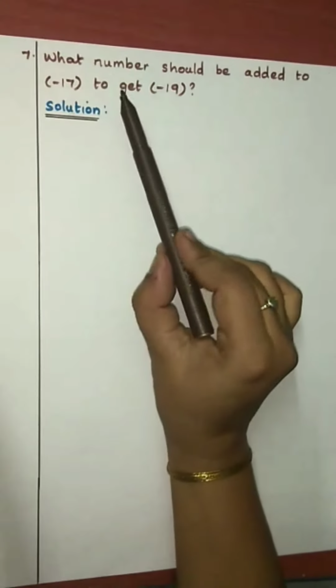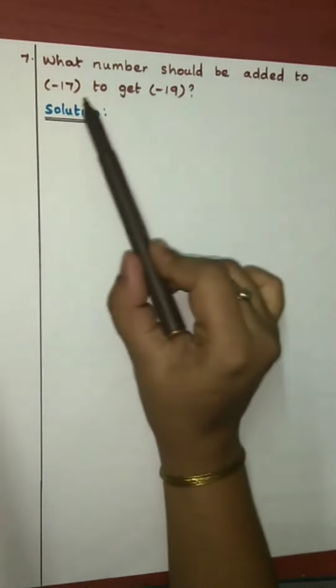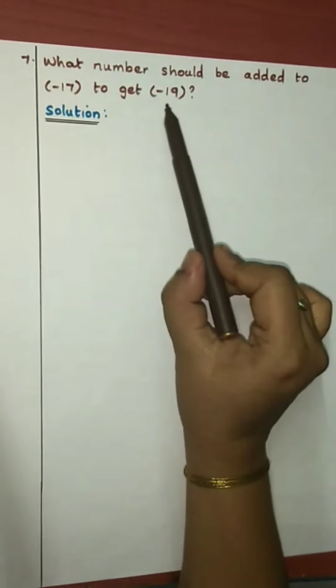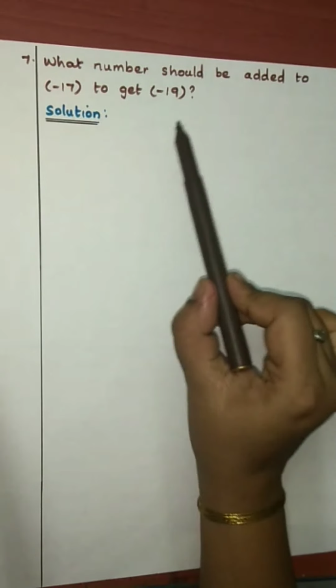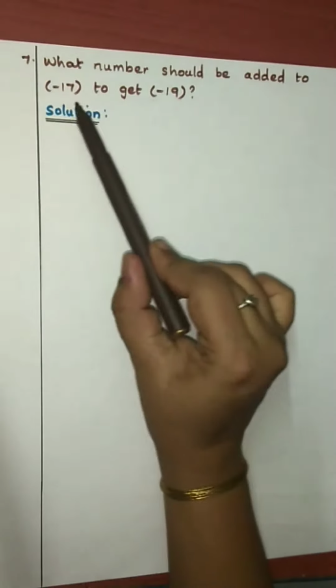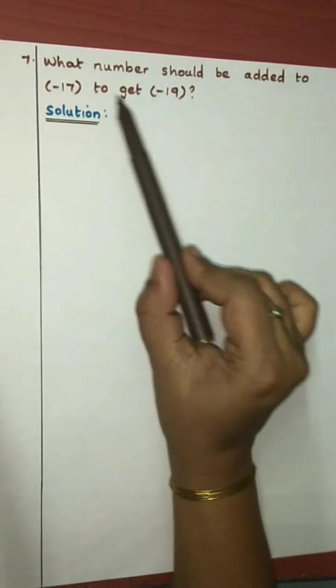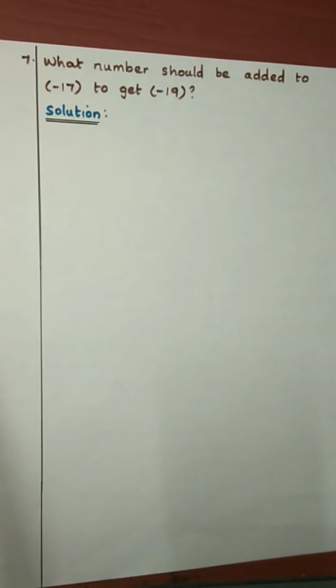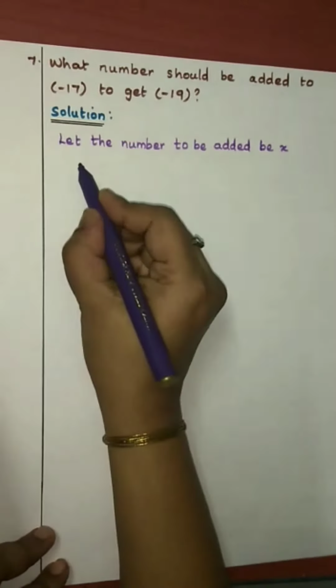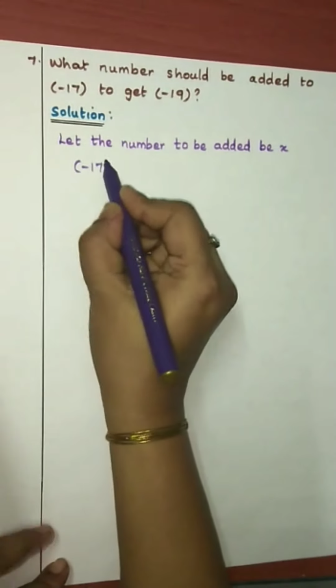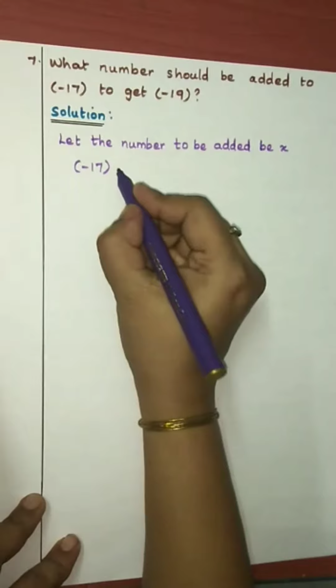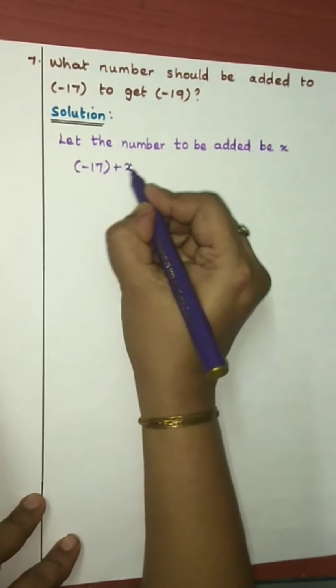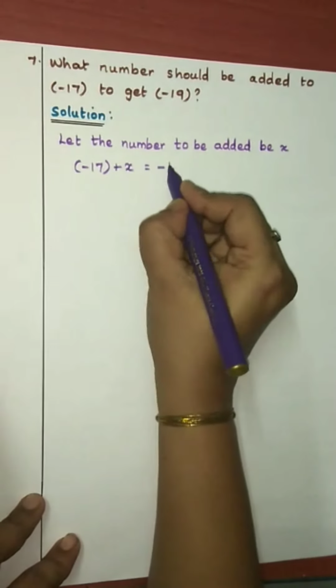Seventh problem. What number should be added to minus 17 to get minus 19? Let us assume the number to be added to minus 17 to be x. So minus 17, instead of that number put x, is equal to minus 19.